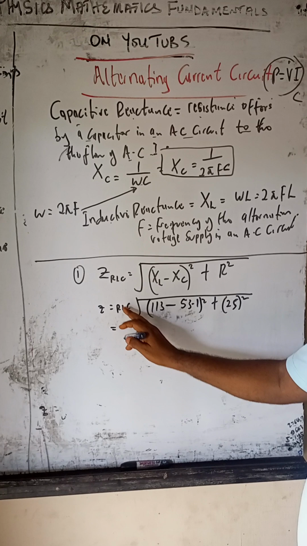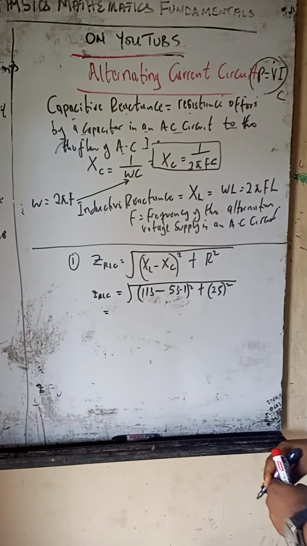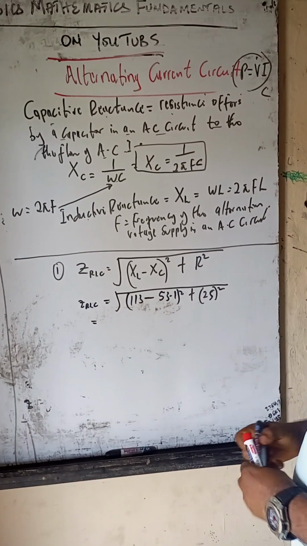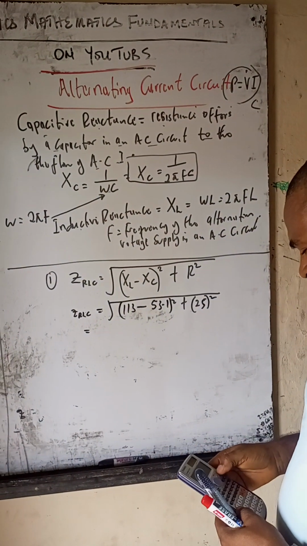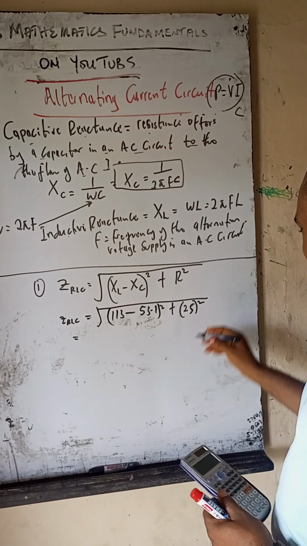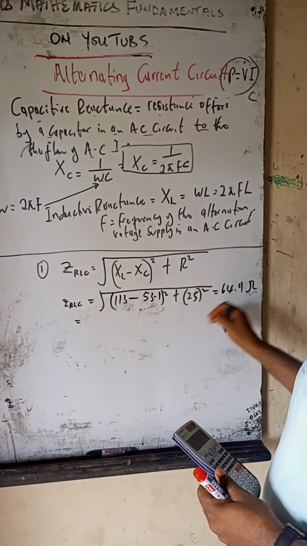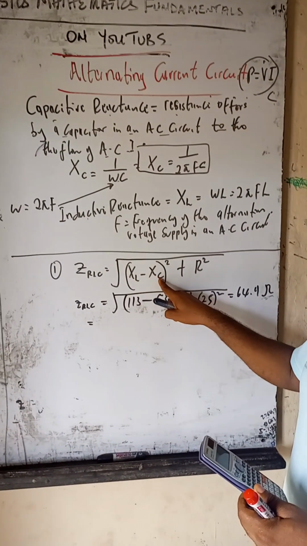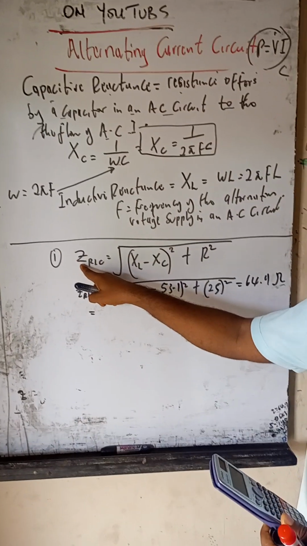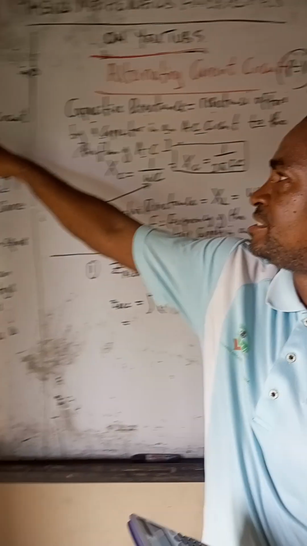If we press the calculator, Z of the RLC circuit is equal to, the answer should be, let me see, yeah, 64.9 ohms. So please take note, the inductive reactance, capacitive reactance, and this impedance, their units are in ohms because they offer opposition to the free flow of current. So this is the answer to the impedance containing these elements.